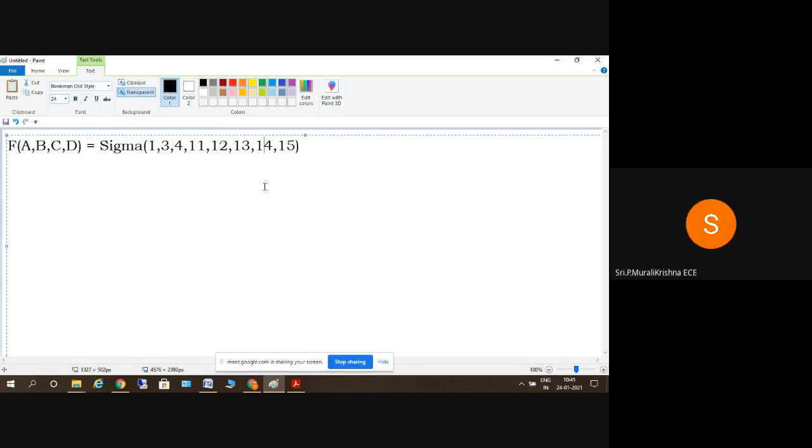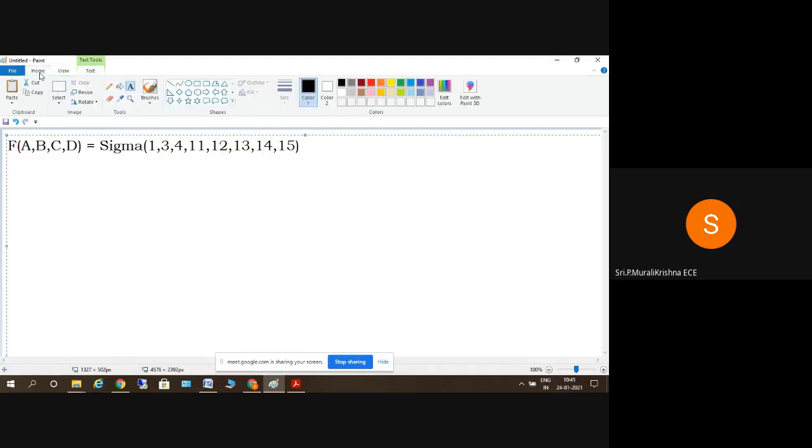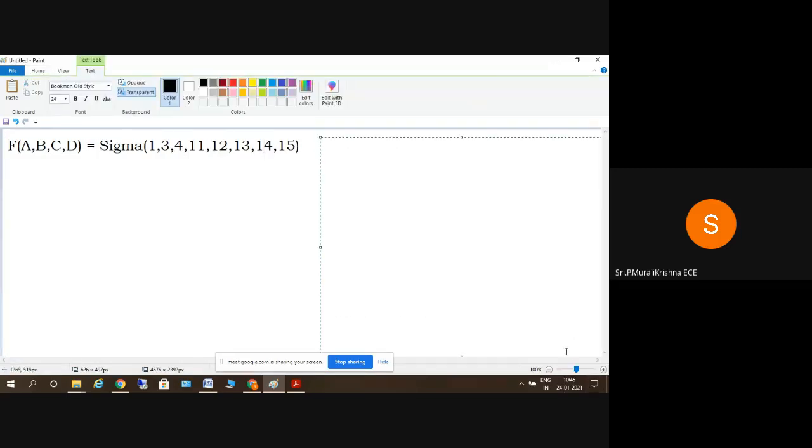Right. So first of all, what we have to do is draw the truth table, with the values of A, B, C, D. First, write all the values from 0, 0, 0, 0 up to 15, that is 1, 1, 1, 1.